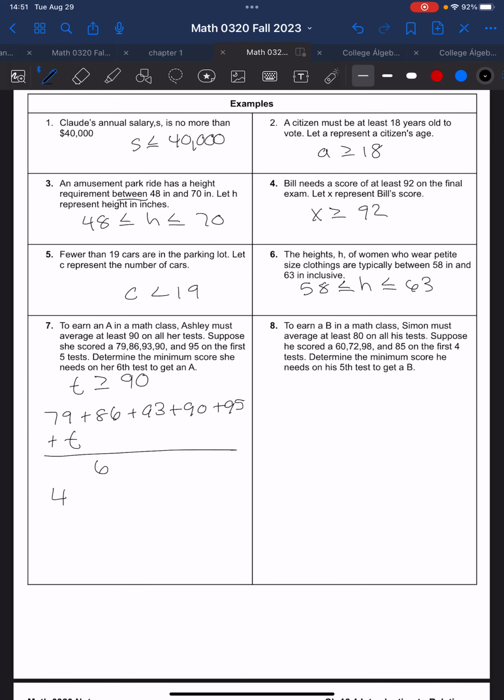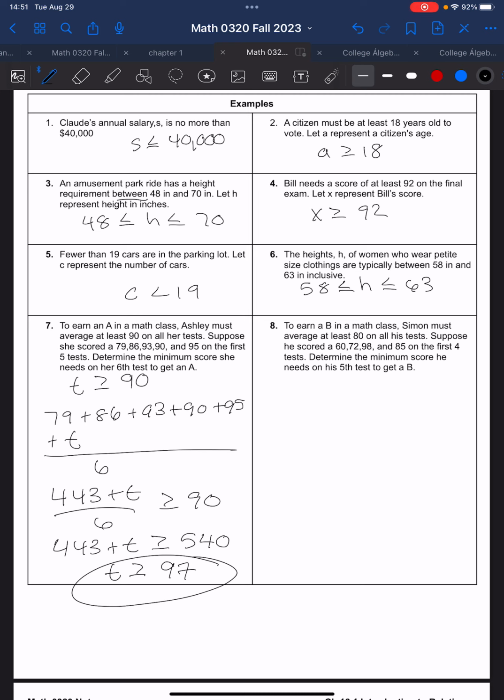That gives me 443 plus T over 6 greater than or equal to 90. Now I'm going to multiply both sides by 6, and I get 443 plus T is greater than or equal to 540. And then I'm going to subtract that 443 from that 540, and I get T is greater than or equal to 97. So this tells us that in order for her to get an A in the class, she needs at least a 97 on her test.